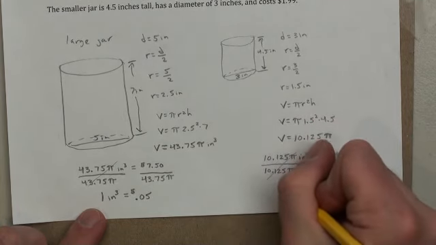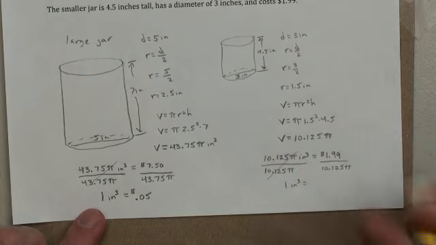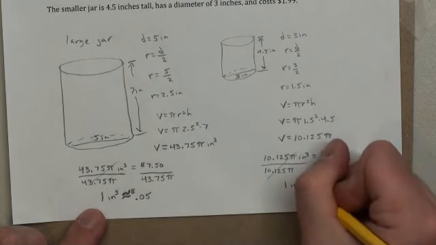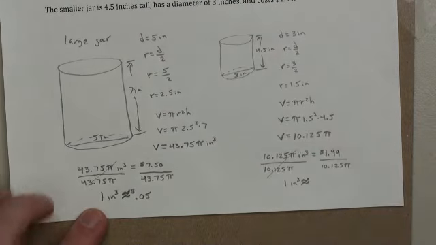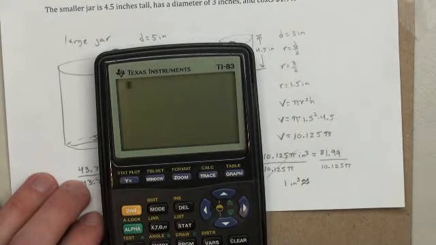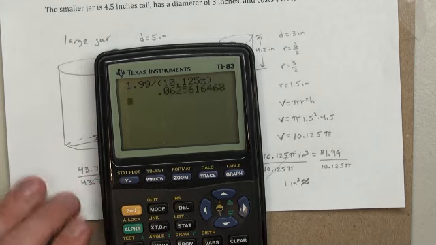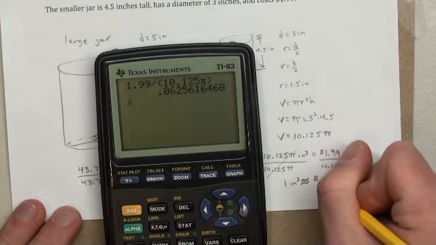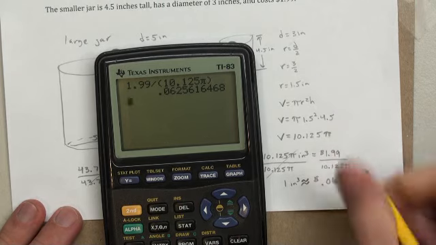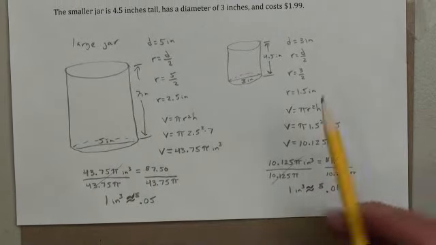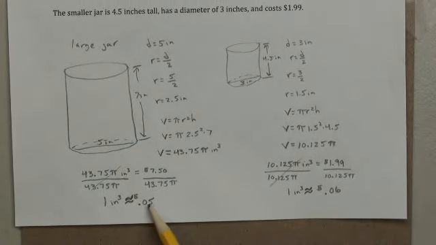Those will cancel, and I will get 1 inch cubed equals, well, we should change that to approximately, because we're going to round. I do 1.99 divided by, in parentheses, 10.125 pi. And I get 0.06.